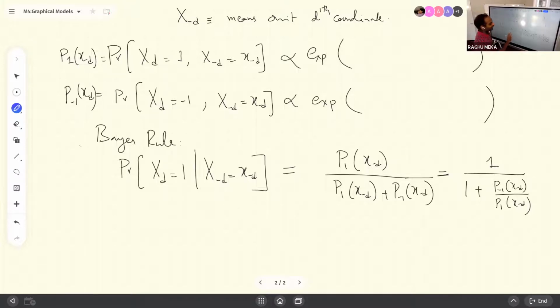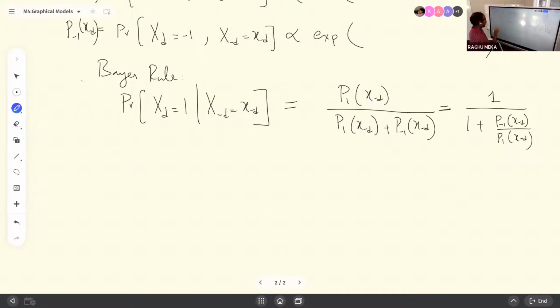Alright, but now there's some magic that's happening, right? So what is this ratio? What can you tell me about this ratio? I'm claiming that it simplifies a lot. But what's the first simplification?